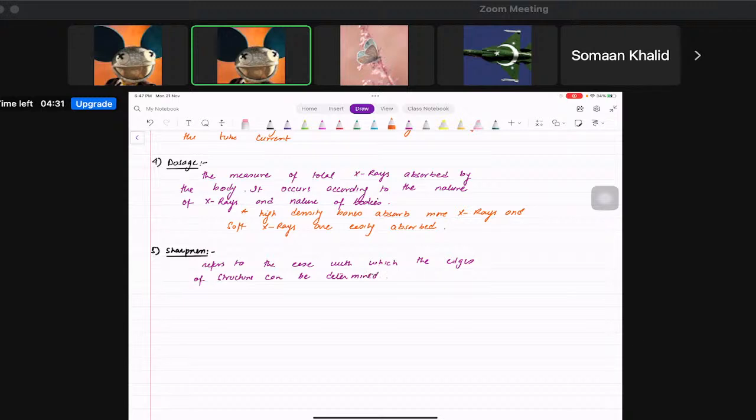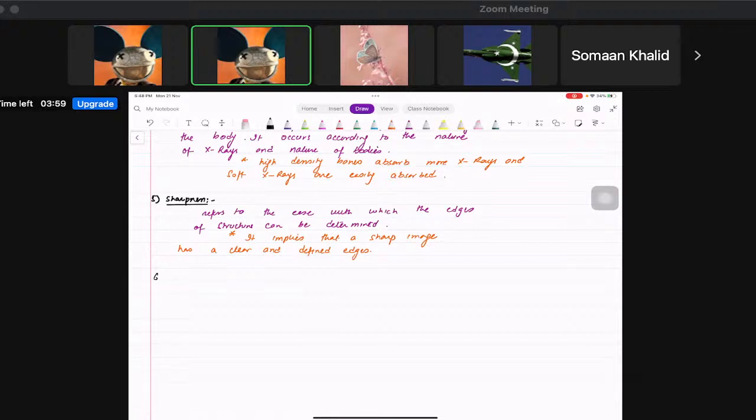Now put a star and write that it implies that a sharp image has clear and defined edges. I'm going to tell you what basically that means, okay?